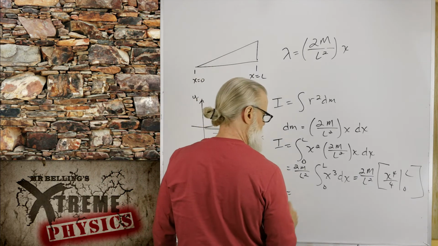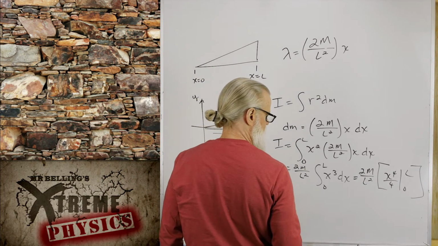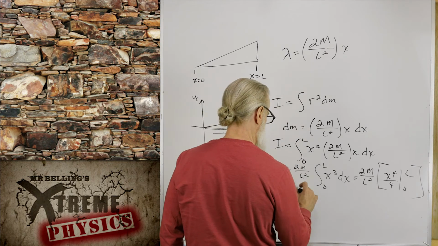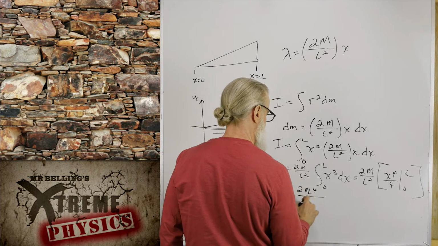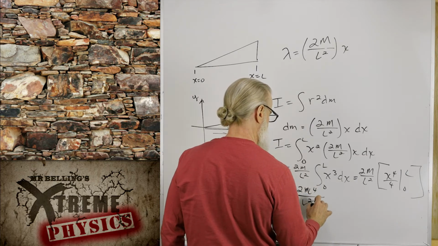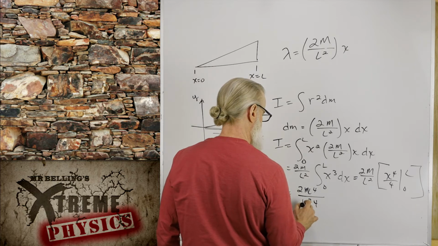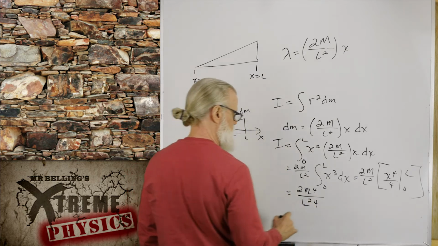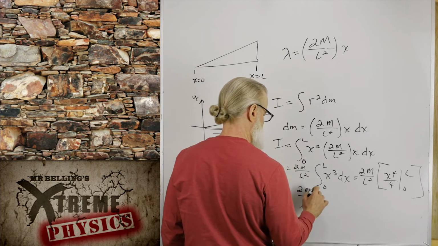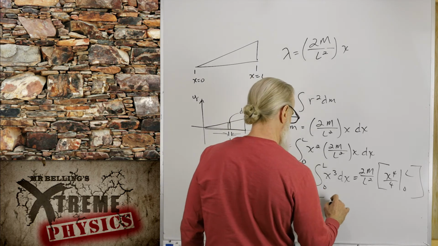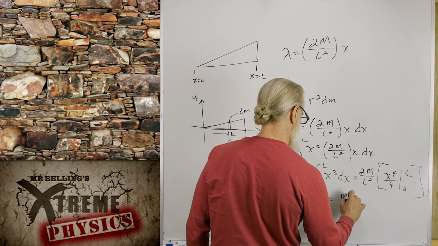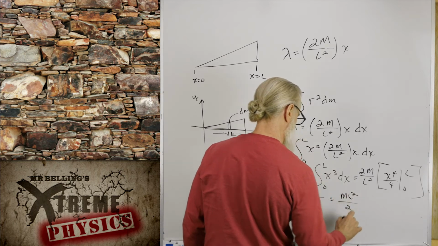All right. So we're going to end up with 2M L to the 4th divided by L squared times 4. Boy, I'm not writing too well today. L squared over 4. L squared goes away on the bottom, and this becomes L squared. And what do we got? ML squared over 2.